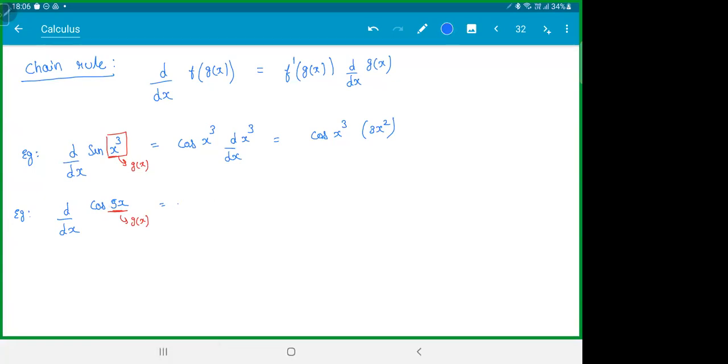So the derivative of cos is minus sine of the function. And then since inside it is not x, whatever is there, differentiate it. So this is minus sine 5x, 5 comes out and this becomes dx by dx, which is nothing but 1. So minus 5 sine 5x.